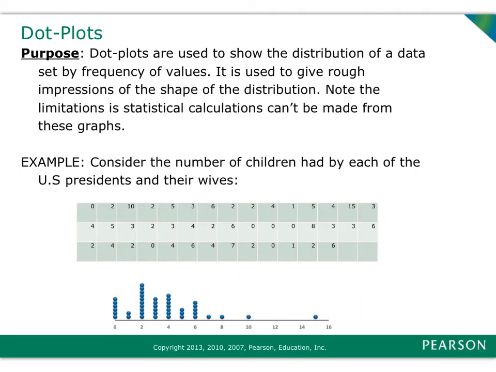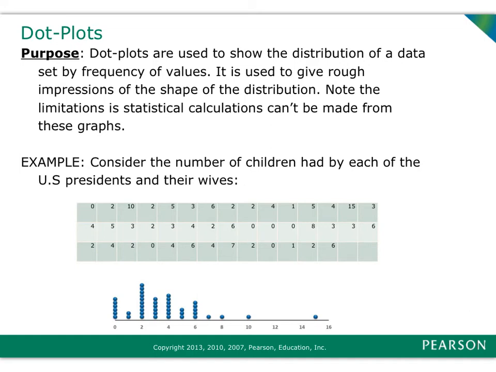So dot plots are not actually presented in this section, but dot plots are used to show the distribution of data sets by frequency of values. They are used to give a rough impression of the shape of the distribution. Note the limitation: statistical calculations can't be made from these graphs like in the stem and leaf plots. In this next example, we consider the number of children had by each of the U.S. presidents and their wives. You will notice that this is our distribution.